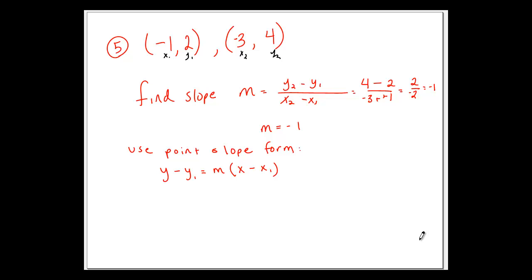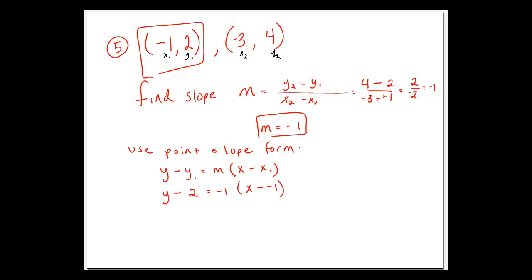You can use either point. Since I've already labeled negative 1, 2 as x1 and y1, and I have my slope now to be negative 1, I'm going to go ahead and use this point with this slope. So I have y minus y1, which is 2, equals my slope, negative 1, times (x minus x1, which is negative 1).